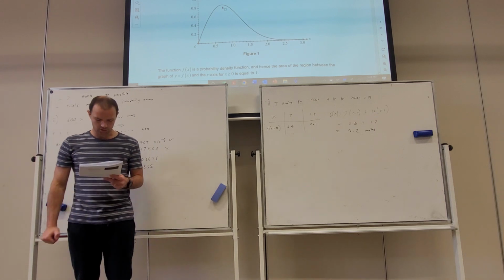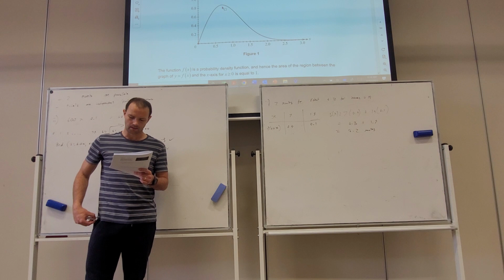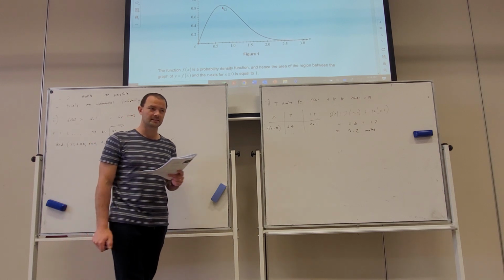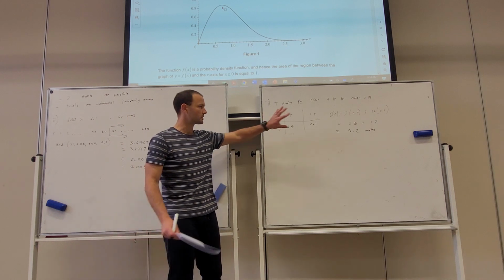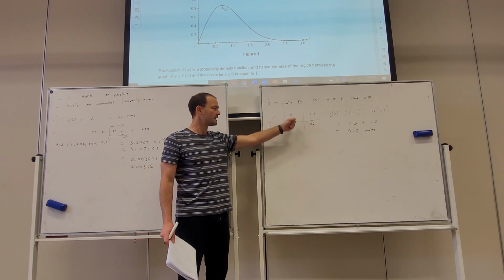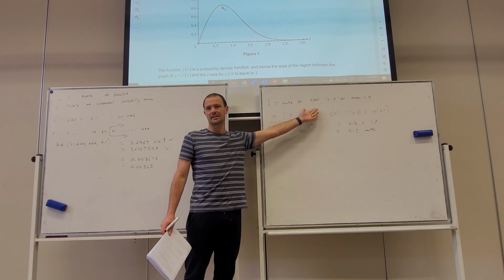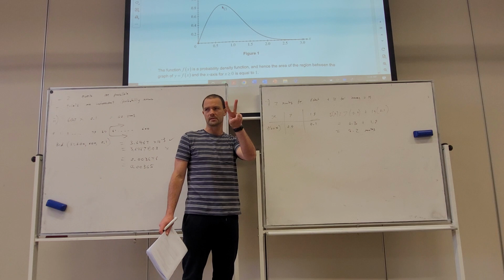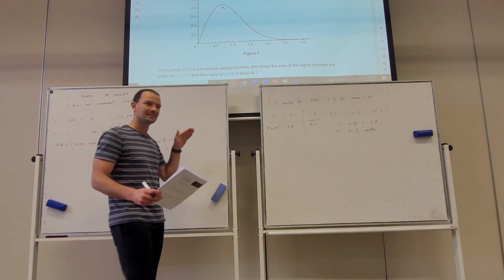One statistician claims that an improved model for T can be developed using a probability density function. At the moment we're using a discrete function. We're saying the robot worker takes 7 minutes and the human worker takes 12 minutes. They're the only two options. But they're saying, no, we can improve it using a probability density function.